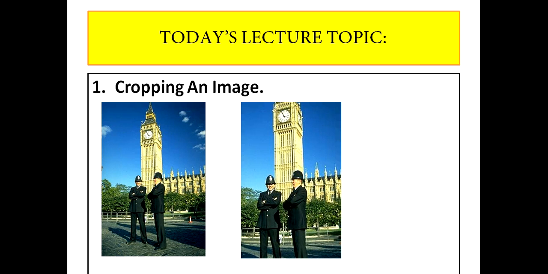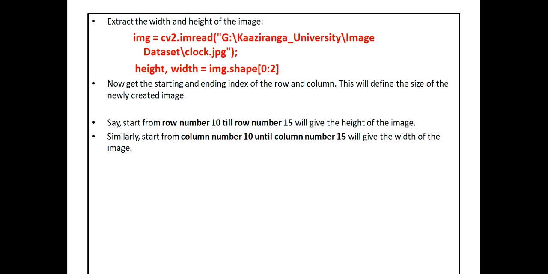So, open your Spyder and do the practical as I illustrate each and every line of the code that will be needed to perform this cropping operation. First of all, extract the width and height of the image. For that, you import your original image. In this case, I'm using a clock image, and you'll find this type of image in the Berkeley image segmentation dataset.